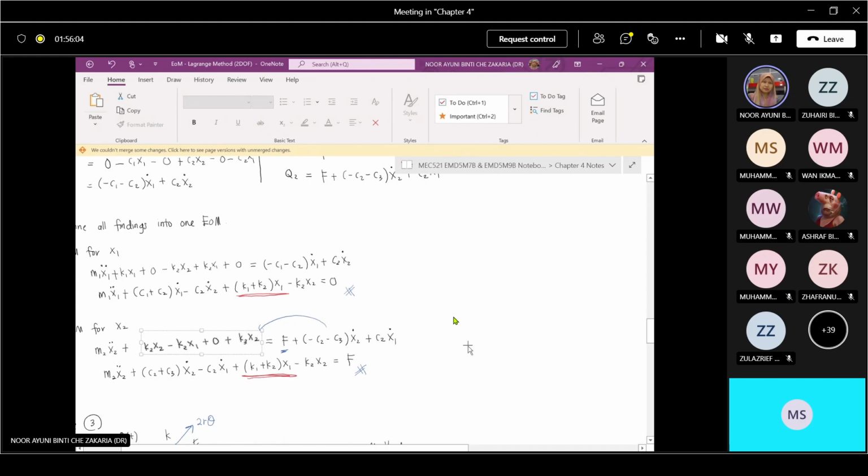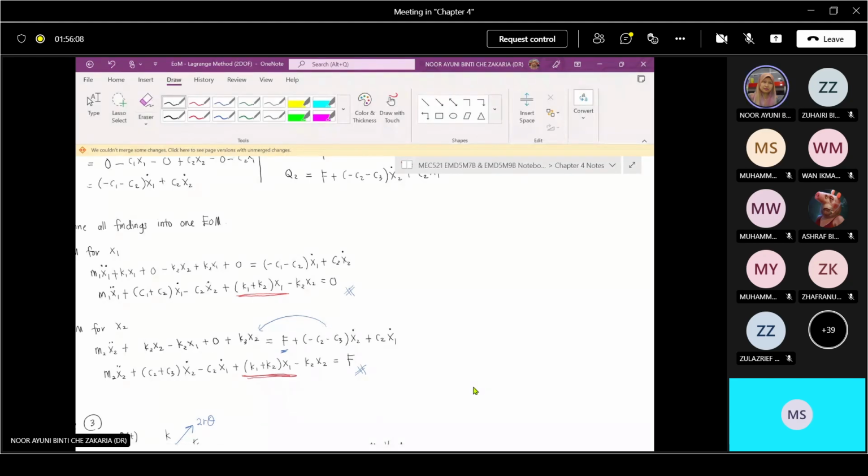Hopefully you don't get confused lah. Saya cuba betulkan. So dekat bawah ni pun akan berbeza. So we have negative K2 x1 and then plus K2 plus K3 x2. Okay.